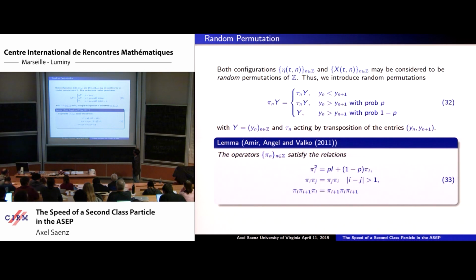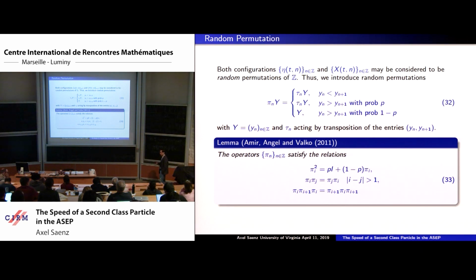You can do the evolution of ASEP through random transpositions. So you can define the configuration at time t by random permutations, where if the configuration is in decreasing order, this tau n is going to switch these two configurations with probability 1. And if they're in increasing order, then with probability p it's going to switch them, and with probability 1 minus p, it's not going to switch them.